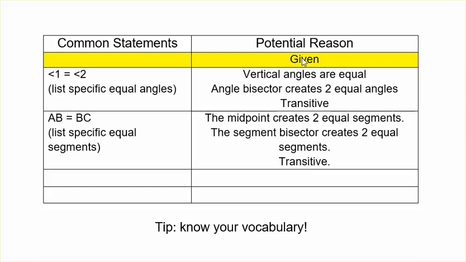The segment bisector creates two equal segments. Or maybe the segment bisector goes through the midpoint. And again, transitive. A tip to make proofs easier is to know your vocabulary. You might want to go back and even take some notes on some of the terms we've used so far. It can be helpful to have a single list that you look back on.